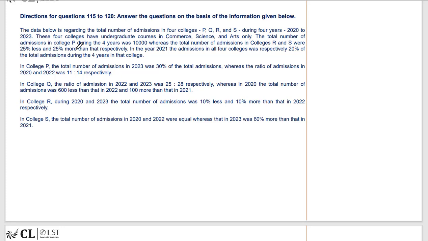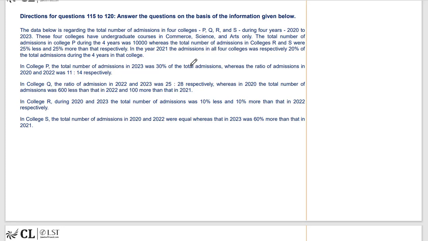These 4 colleges have undergraduate courses in commerce, science, and arts only. The total number of admissions in college P during the 4 years was 10,000, whereas the total number of admissions in college R and S were 25% less and 25% more than that, respectively.